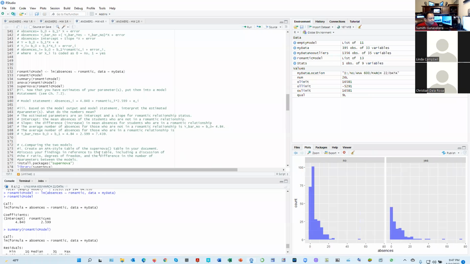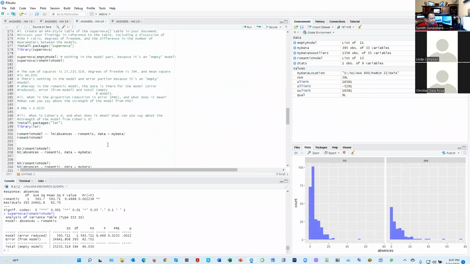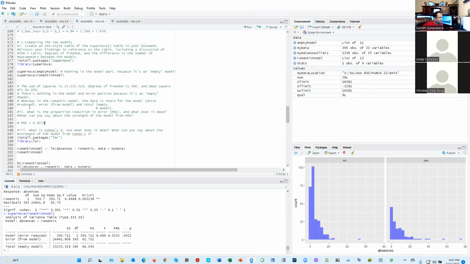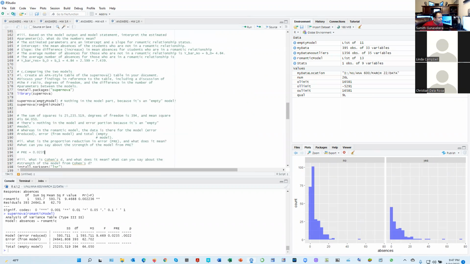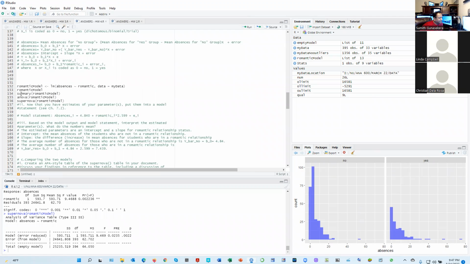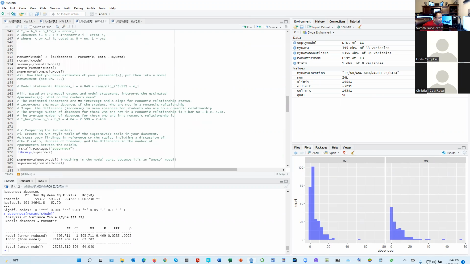So that's what we were talking about here. The model part is an empty model. Then we did this one, then we looked into the supernova. You saw even a supernova model. Now that you have estimates of your parameters, put them back into here.